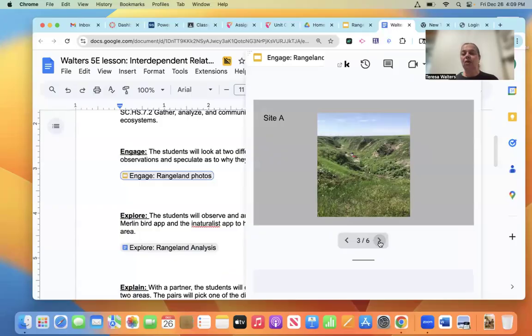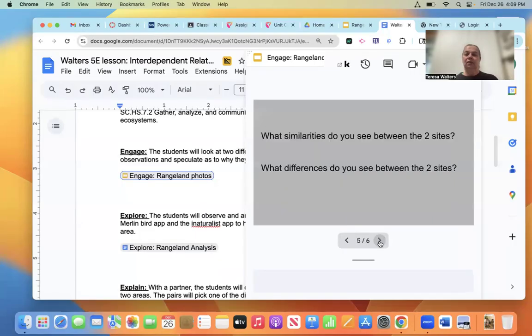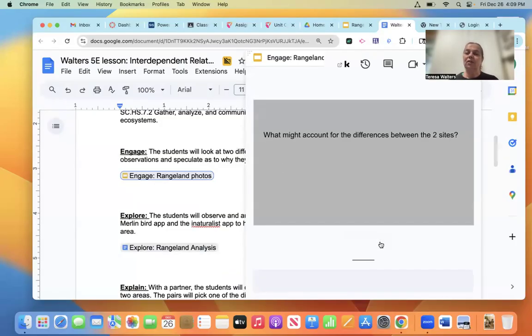So here is site A that they looked at, and then site B, and then they wrote down what similarities do you see between the two sites, what differences do you see between the two sites, and then they discussed them with their partner, and then we discussed as a group as well. And then we also discussed what might account for the differences between those two sites.